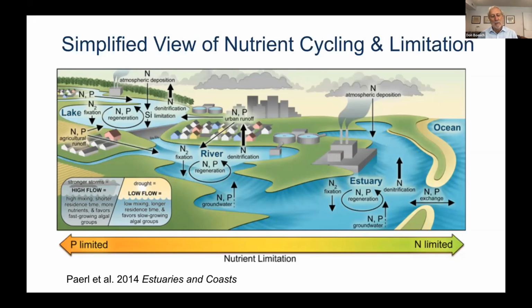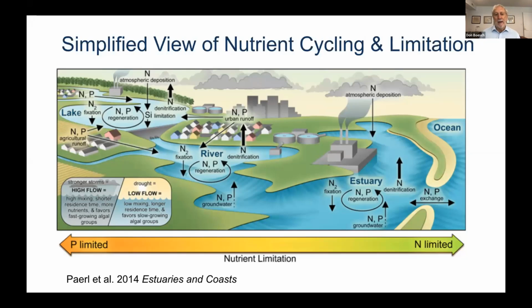There are multiple sources of both nutrients. There are lots of different things that go on within the aquatic systems that regenerate those nutrients or trap them as they go down to the coastal zone. And so this is a simplistic view, limitation by phosphorus in freshwater and limitation by nitrogen in coastal zones. And as I said, it's not that simple.